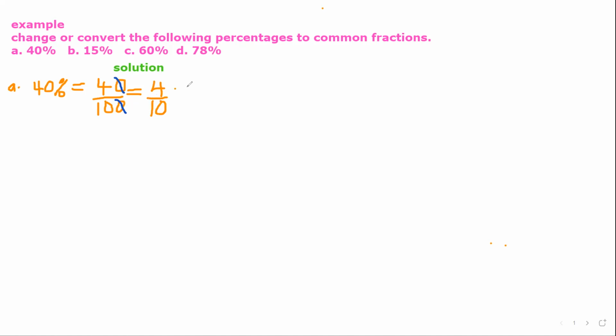And for the 4 out of 10, you think about the number that can cancel the 4 and also cancel the 10 at the same time. The 2 cancels 4 two times, and the 2 cancels 10 five times.